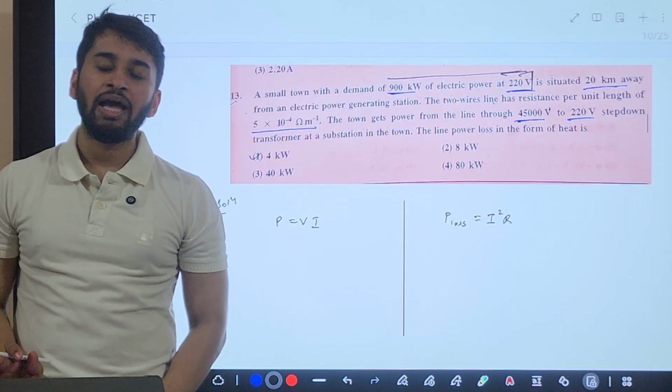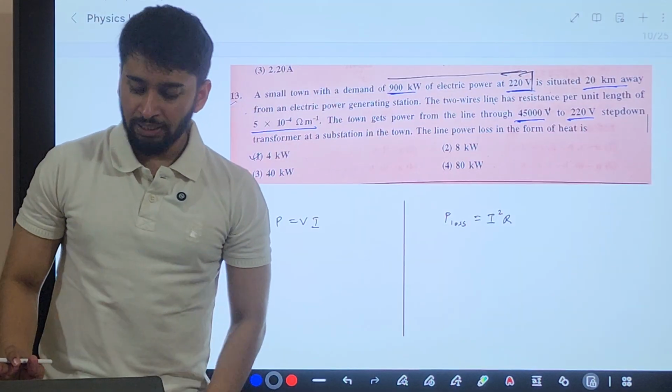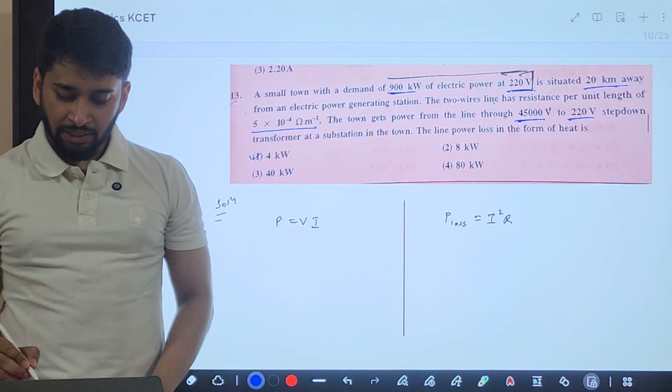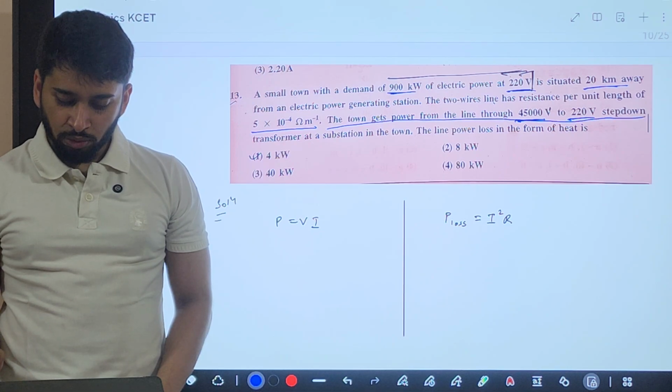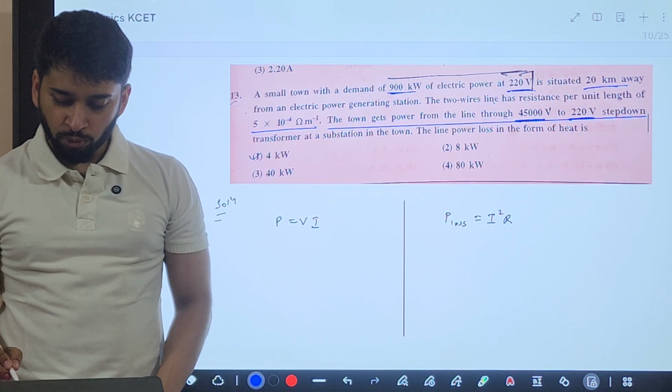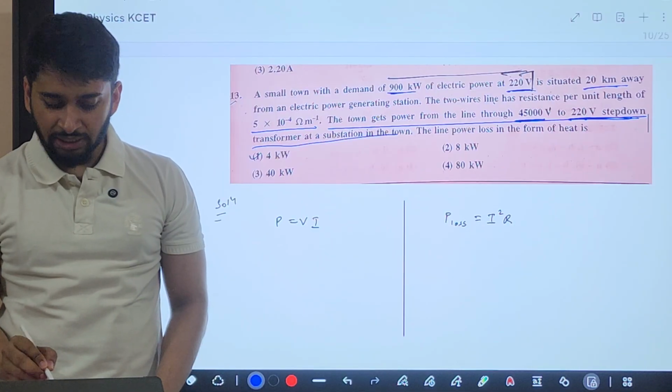See, power loss will be happening during the transmission before it reaches the town. And you can see one important point they have given. The town gets power through the line through 45,000 volt to 220 volt step down transformer at a substation in the town.